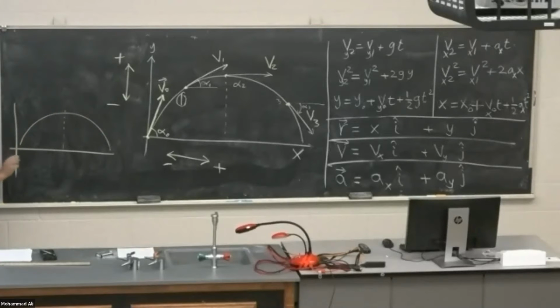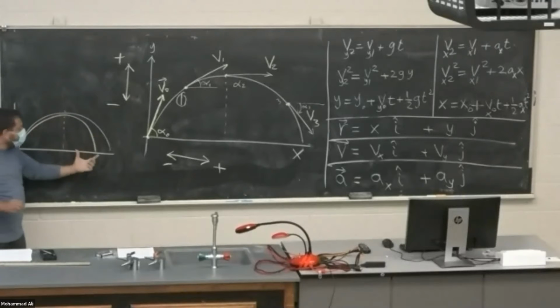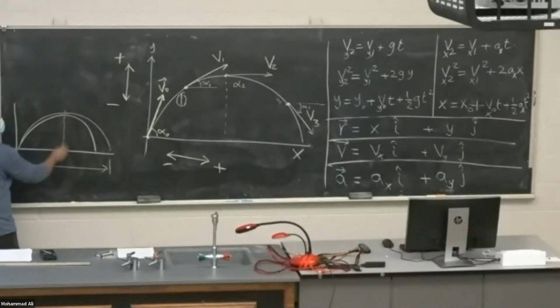But with air friction force, it will be like this. There is a friction force in the y direction and in the x direction. This will reduce the range, and I will talk about it. And it will also reduce the highest point.